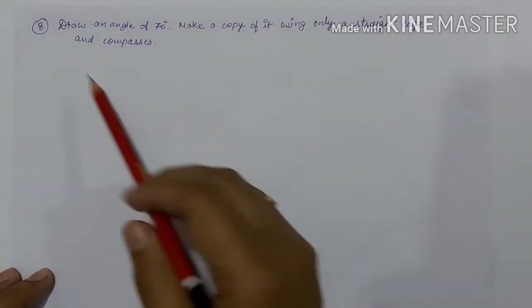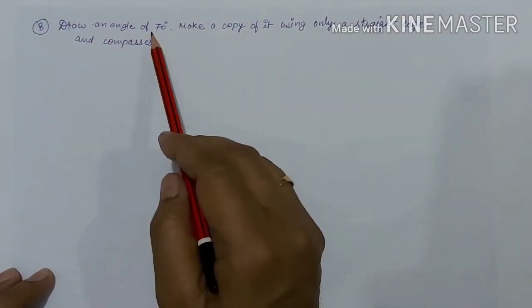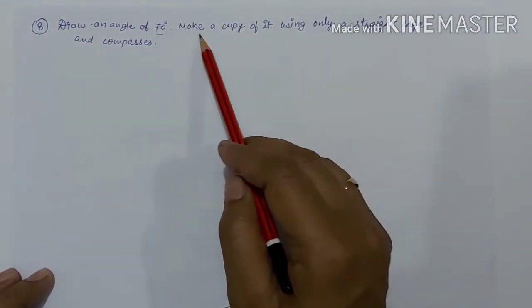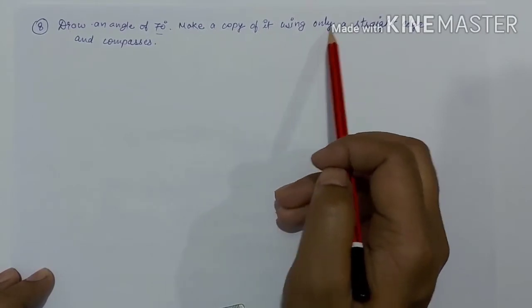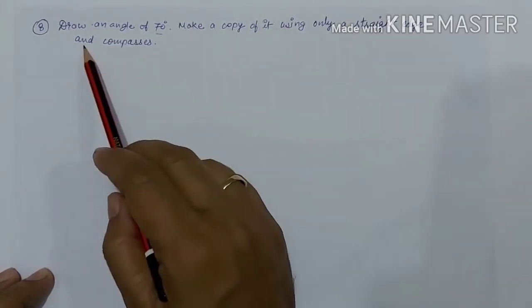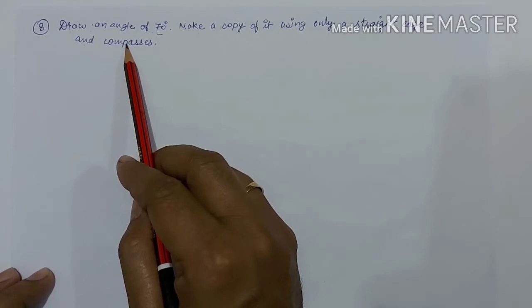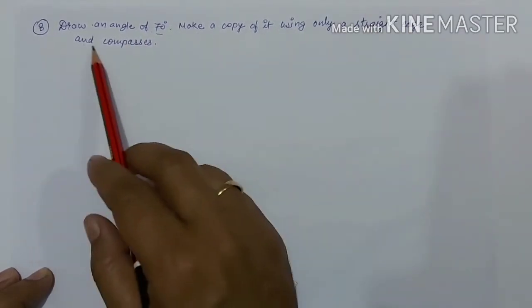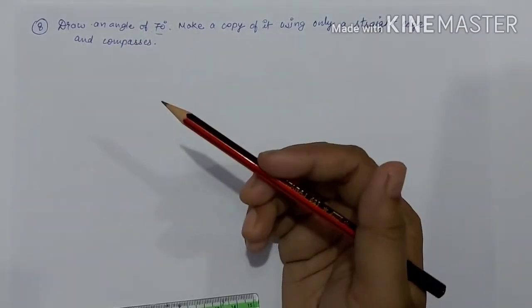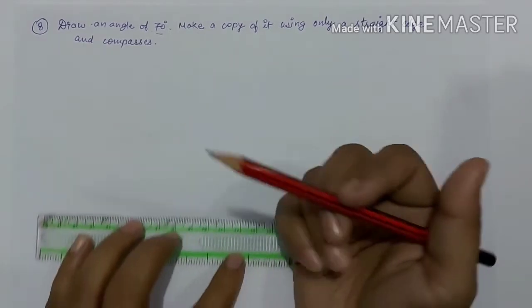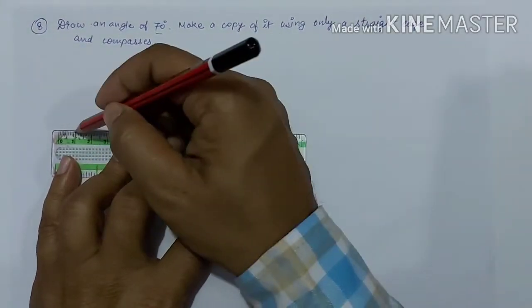Okay, question number 8 is: draw an angle of 70 and make a copy of it using only the straight edge and compass. So first we draw an angle of 70.